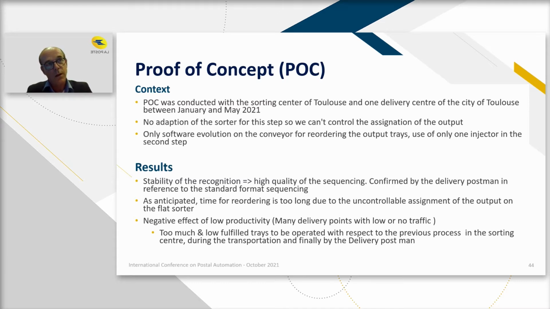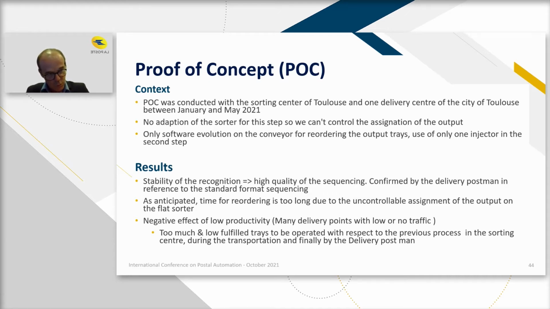This quality of recognition was confirmed by the delivery postmen to whom we gave this mail, and they controlled this mail, and it was a good result. The second point is, as we anticipated, the time for reordering between the 2 steps was very long on the conveyor system, so it's a drawback that we have to solve next.